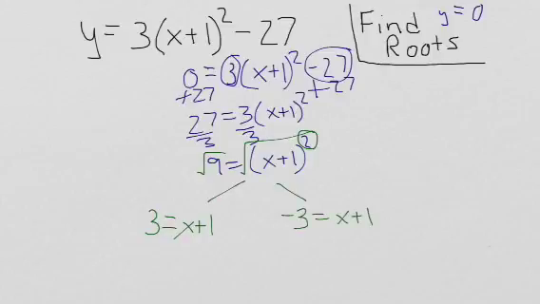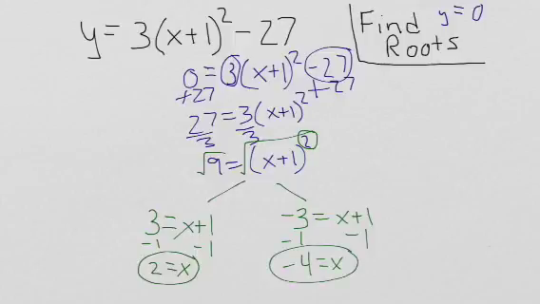Because remember, the square root of 9 is both positive 3 and negative 3. So now we're going to minus 1 on both sides. We're going to get 2 is x. So there's one of our answers. We're going to minus 1 on this side and get negative 4 is x. So there are two possible answers, 2 and negative 4.